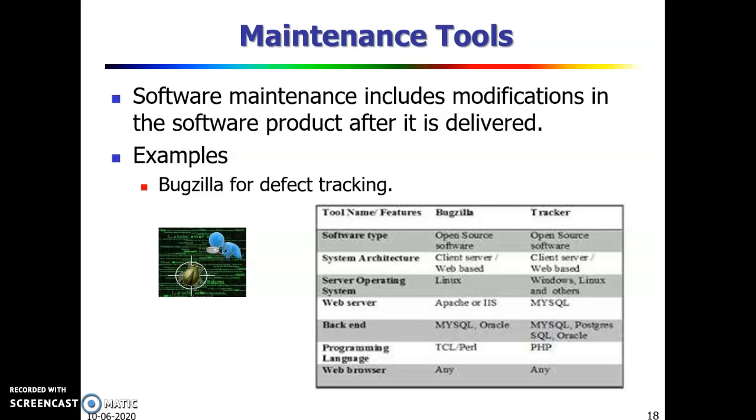You can use Linux and Apache servers. The backend can be MySQL or Oracle. The programming language is TCL or Perl, and you can use any web browser for this maintenance tool.